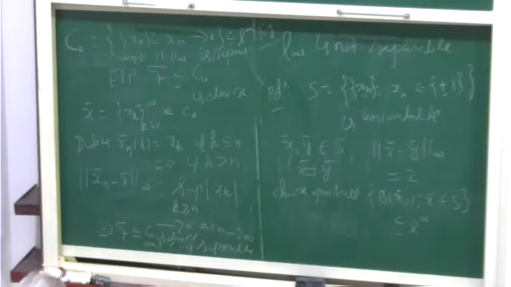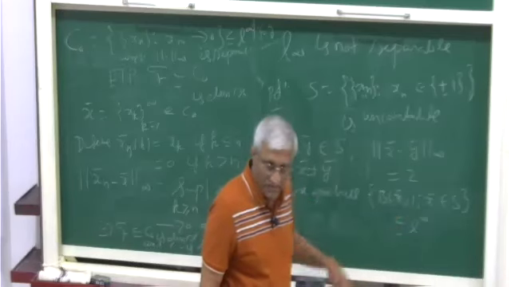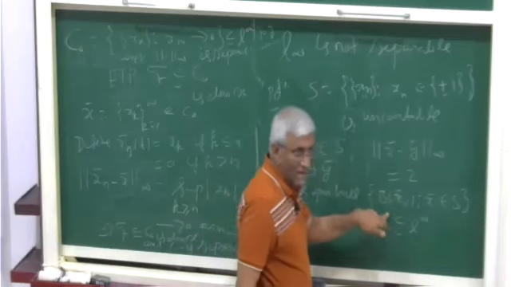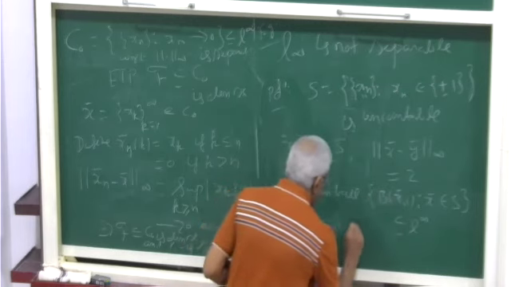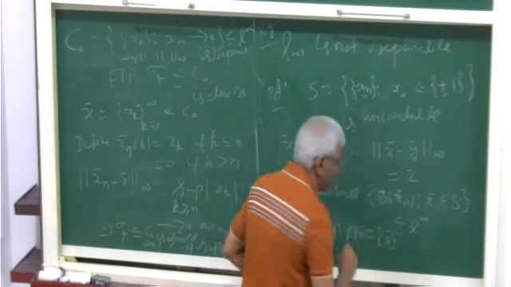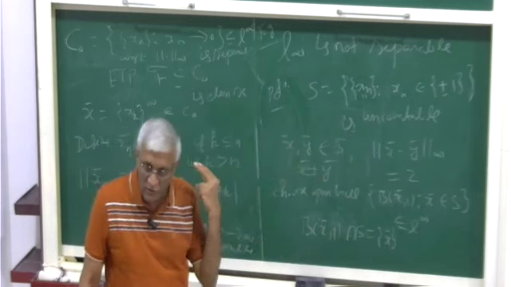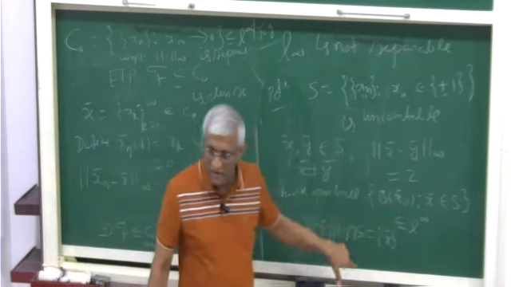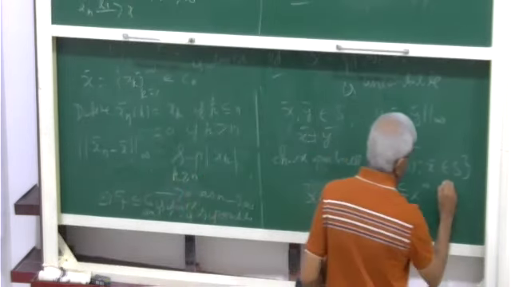It will contain only x bar from S, though from L infinity it will contain more. S is a subset of L infinity. So B of x bar, 1 intersection S is just x bar, nothing else, because the distance between any two points is 2 and you are only taking radius 1. So it will have only one point of S. So this is a disjoint collection.